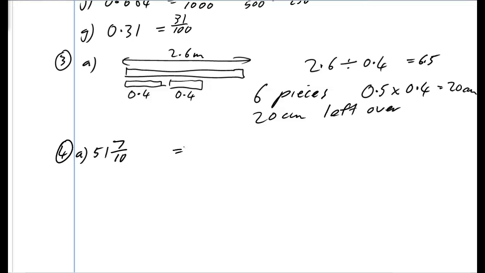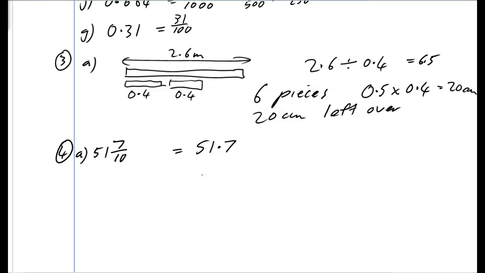Well, all you do is you can work out the decimal part by simply getting your calculator and going 7 divided by 10, and you just put the 51 in front of it. So it's going to be 51 point something, because you've got 51, we're going to convert it into a decimal number. Now 7 divided by 10 on a calculator is 0.7, so that fraction is 51.7.